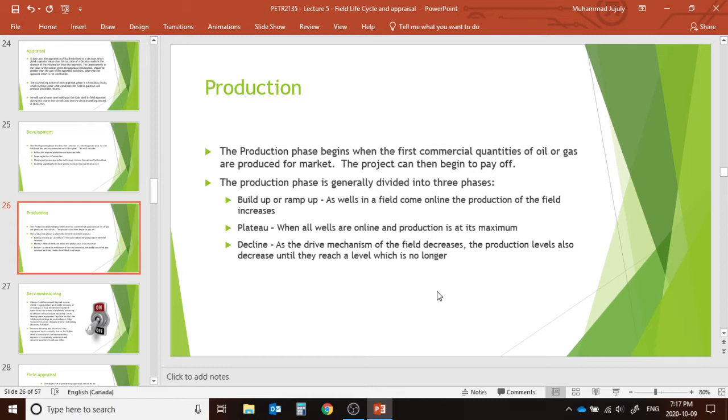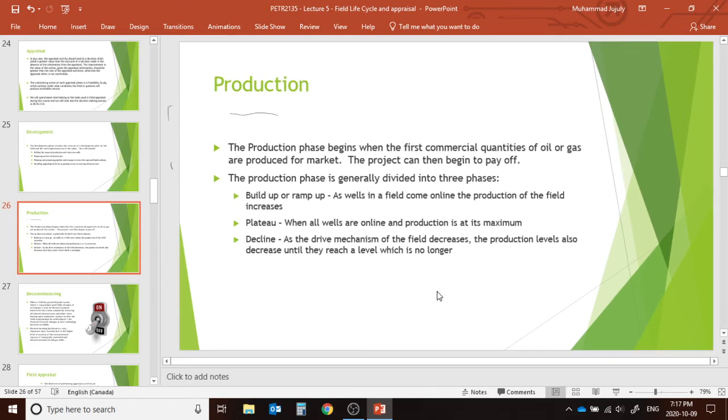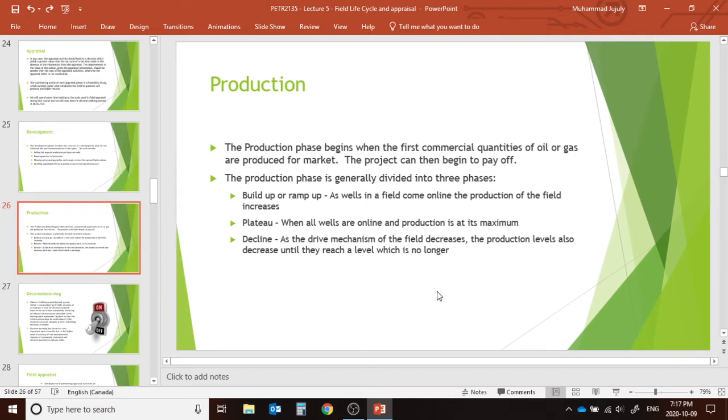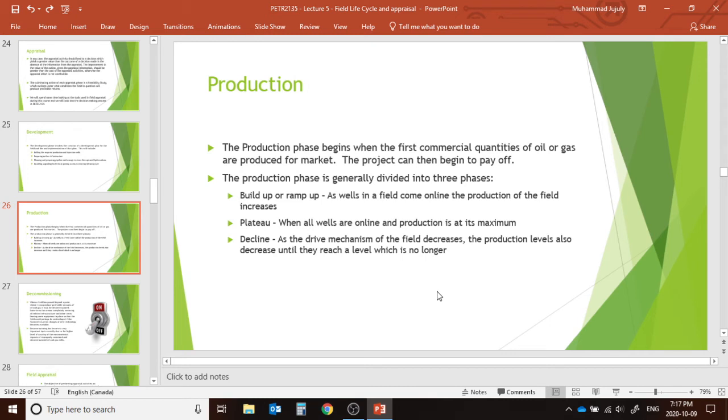Then the next stage is the production. The production phase begins when the first commercial quantity of oil and gas is produced for the market. So remember the first commercial quantities. Before the production, we also have some type of pilot. But with the first commercial quantities of oil and gas, the project can begin paying off.